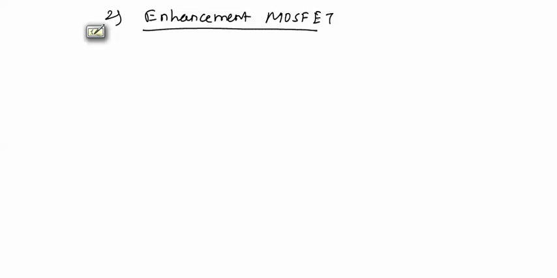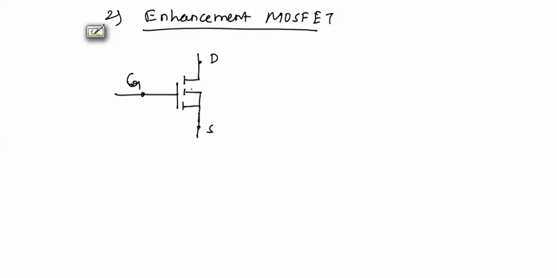Now enhancement MOSFET. For enhancement type MOSFET, we will have three different symbols. First will be like depletion MOSFET, but this line will be dotted: gate terminal, drain terminal, and this is source terminal.